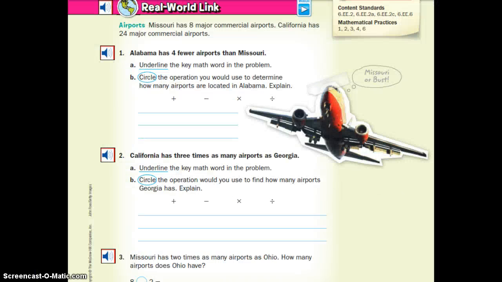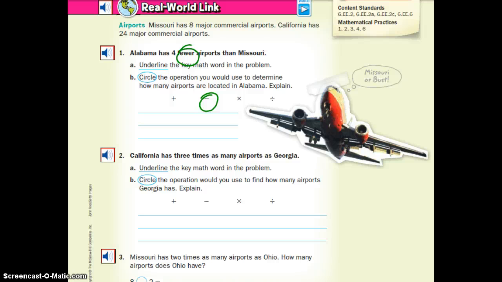Alright, in the real world link, we're talking about airports. Missouri has 8 major commercial airports. California has 24 major commercial airports. Alabama has 4 fewer airports than Missouri. So underline the key word, fewer. And that would involve subtraction.